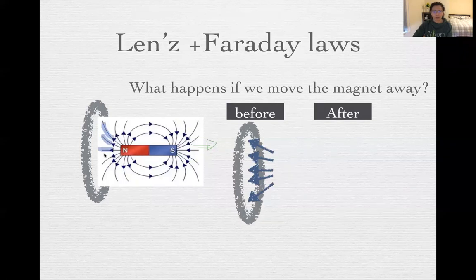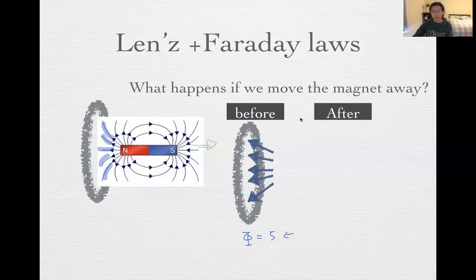1, 2, 3, 4, 5. So the magnetic flux in this case, before, will be 5, to the left. And now what if we move the magnet away?